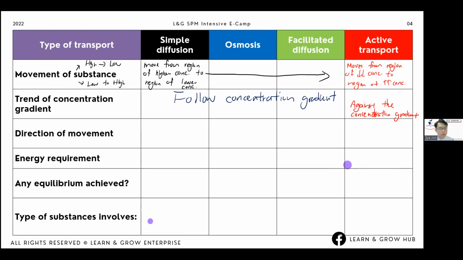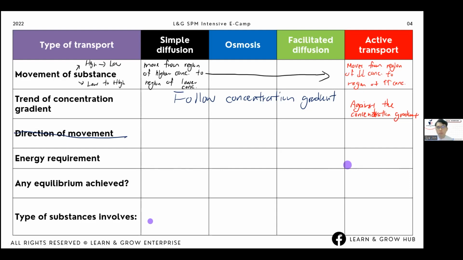And then the next one. I think this figure is a bit faulty. For the next one, the direction of movement is actually the same, so this one I cancel it. Next one I want to talk about is the energy requirement.